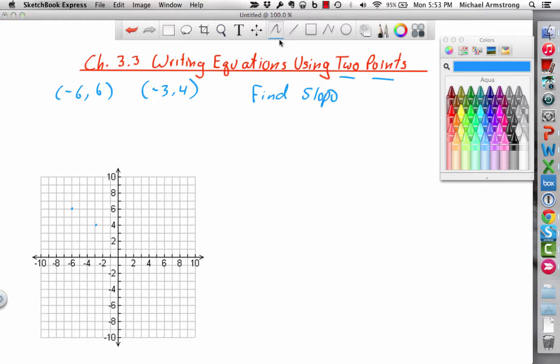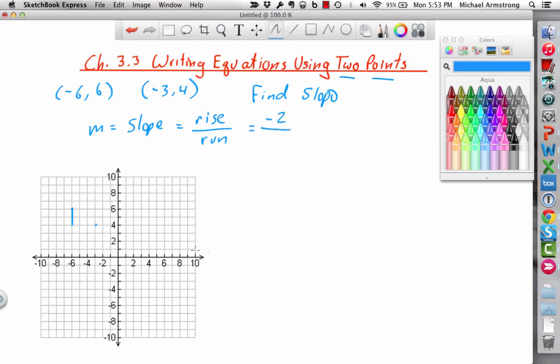And what would happen if I was going to do my rise first? I can see that I'm going to go down, and I'm going to go down 2. So my slope, m, which is rise over run, I just went down 2, so that's -2.